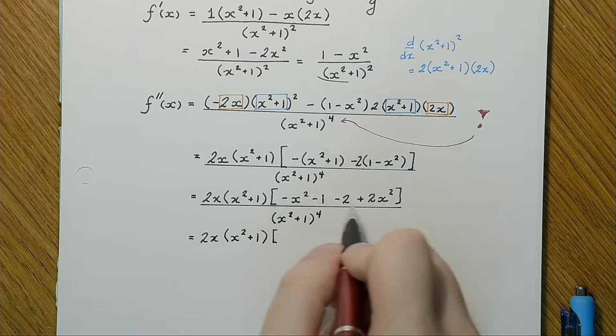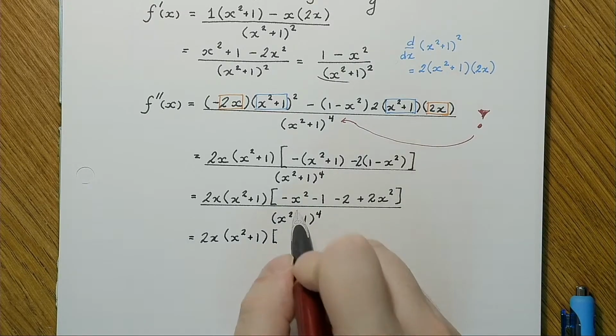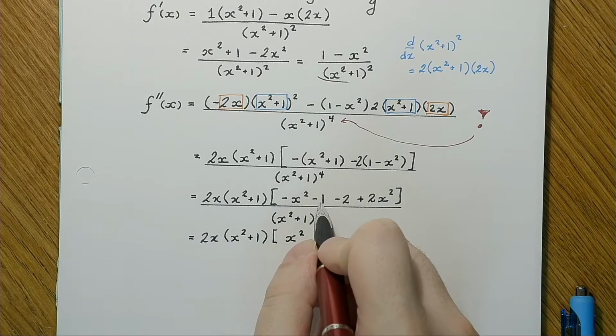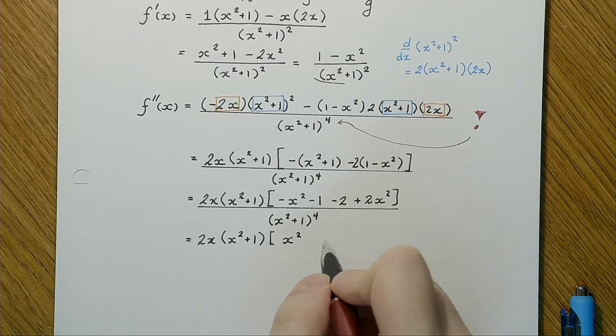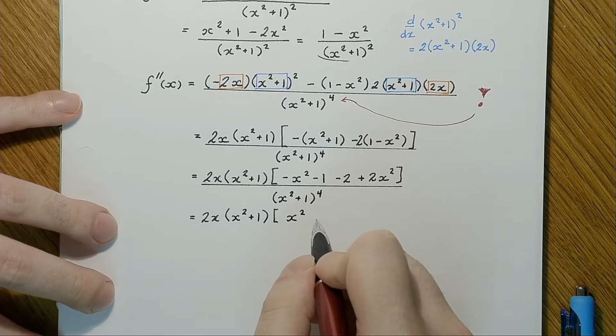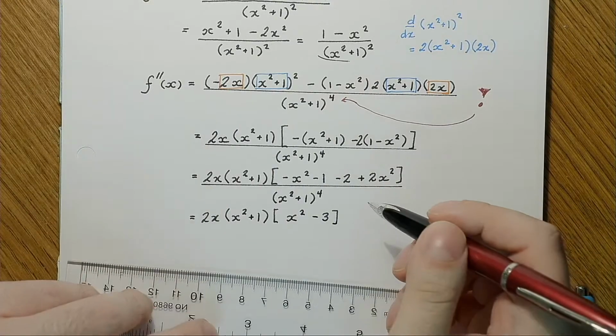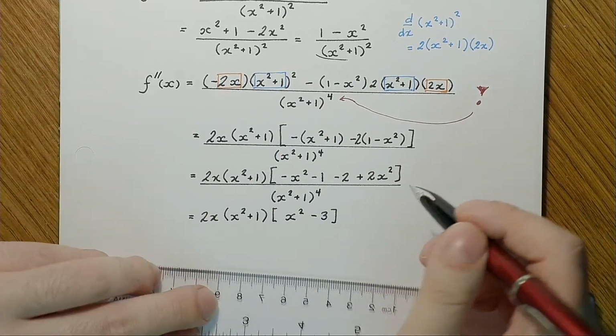Okay, so I have a 2x squared minus x squared, so I'm left with x squared. And then I have a minus 1 and a minus 2 gives me minus 3. Everything's okay?